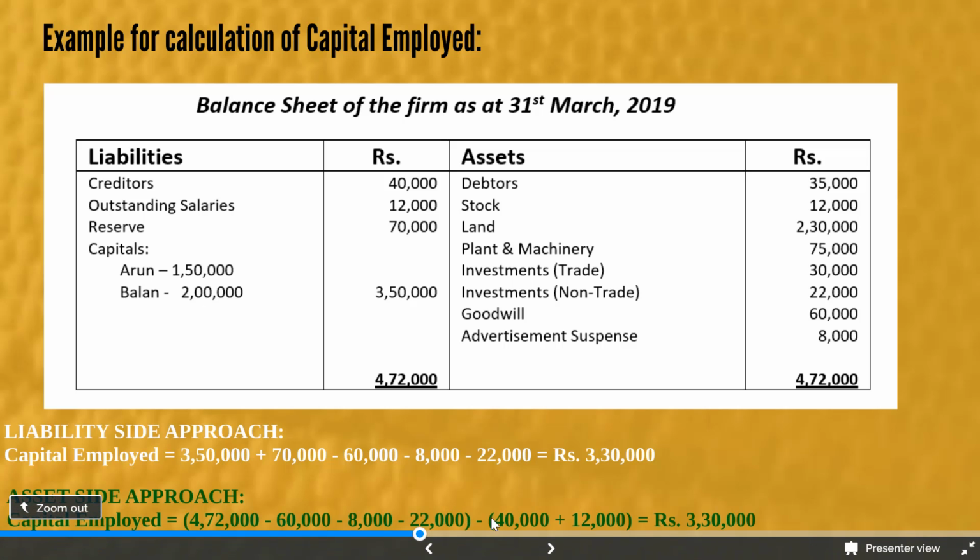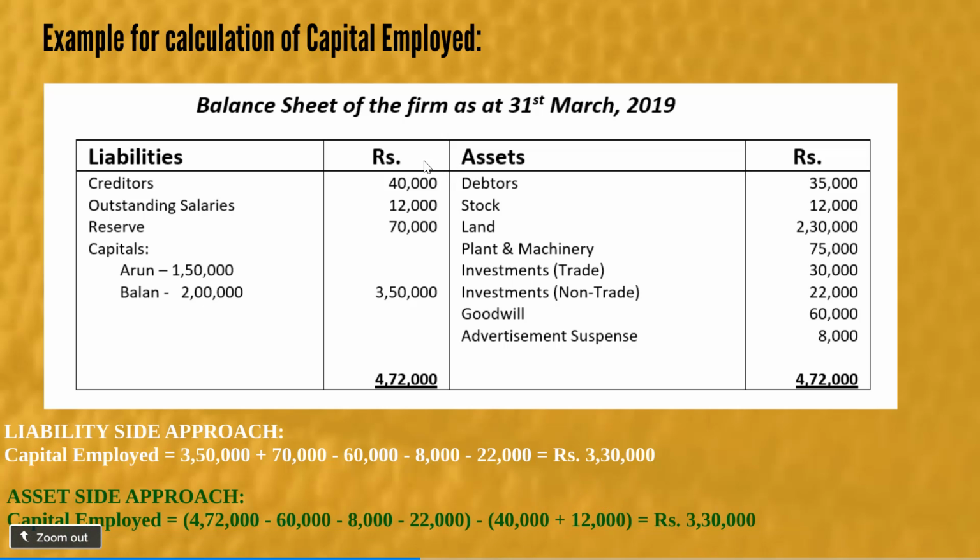This figure minus the outside liabilities. The two outside liabilities are creditors and outstanding salaries. So minus 40,000 plus 12,000 or 52,000, and we get the answer as rupees 3,30,000. So irrespective of whether we calculate the capital employed through the liability side approach or the asset side approach, we will get the same answer.